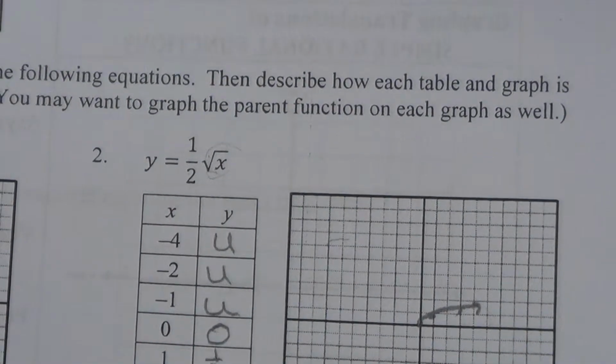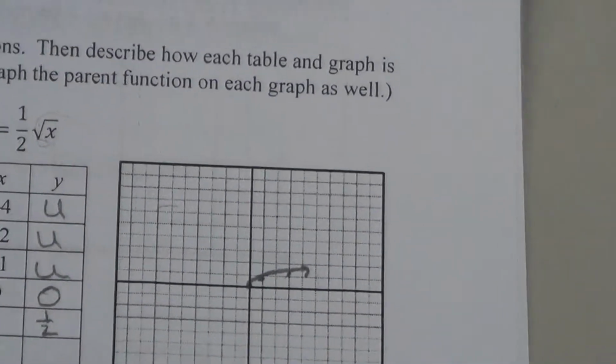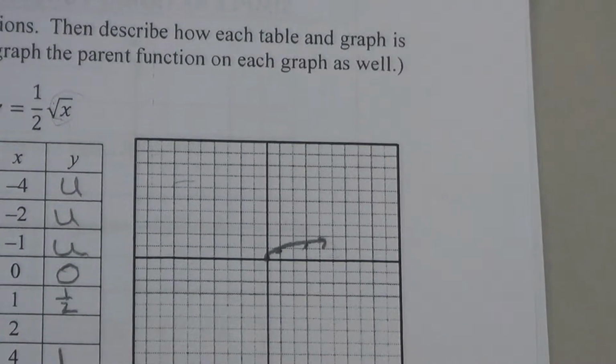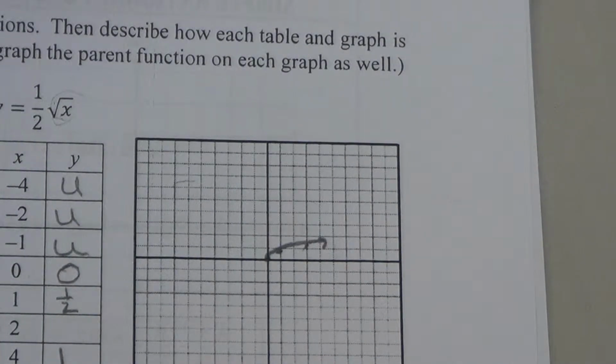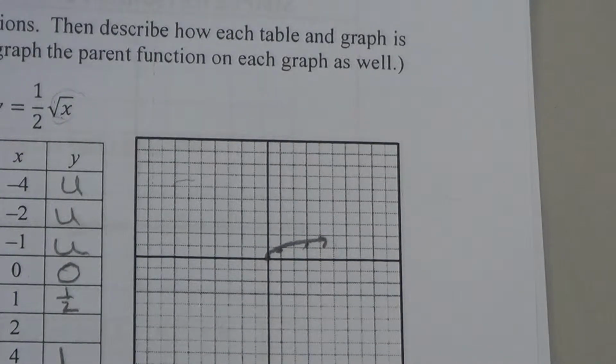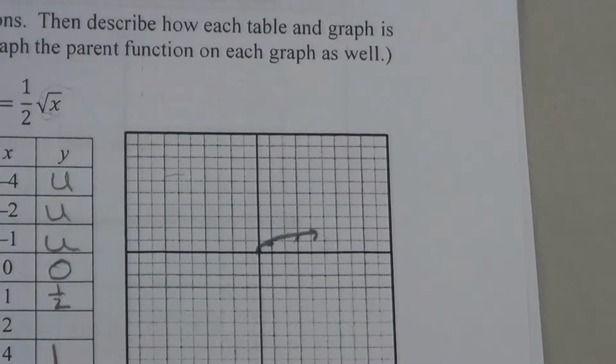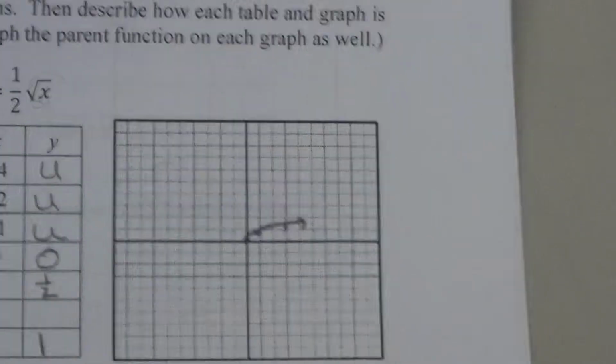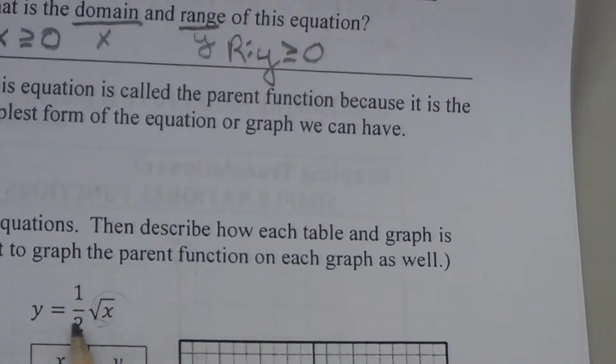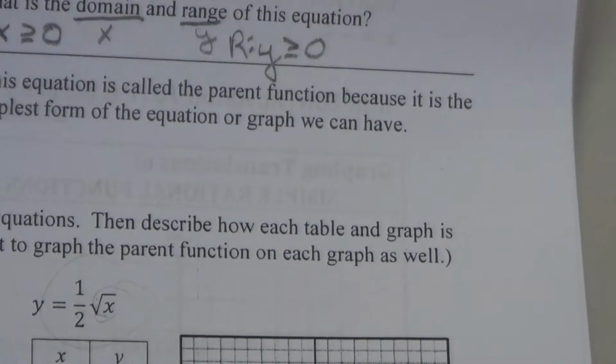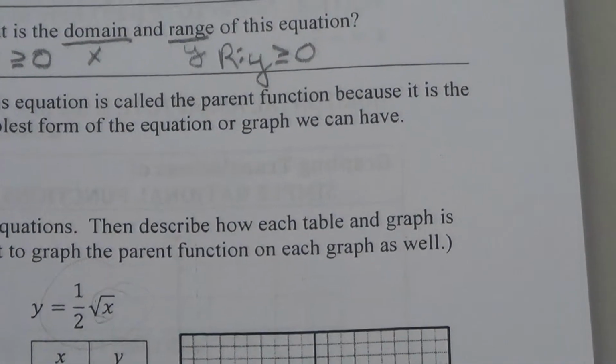And that's truly what the transformation is called, shrinking, or we say that it was shrunk by a factor of 1/2. We get that from the formula right here, 1/2. That's what we're multiplying everything by.